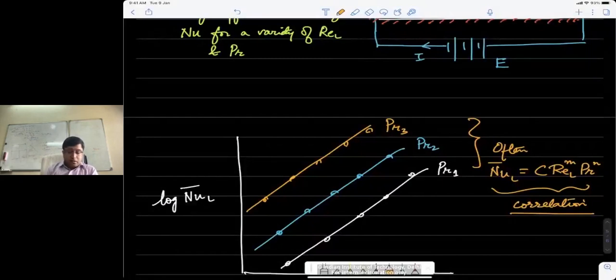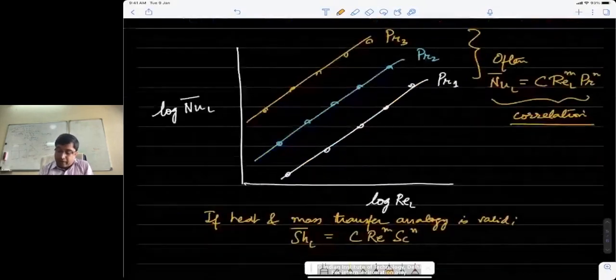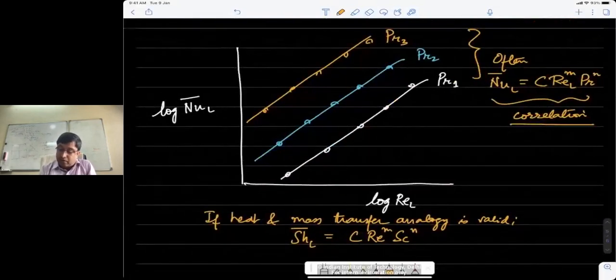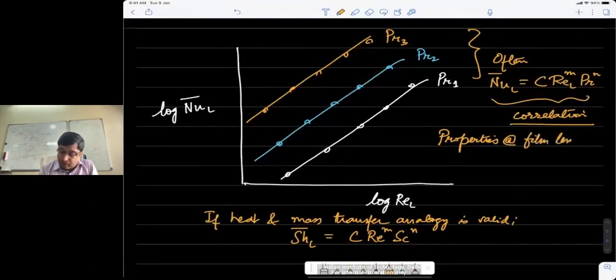Okay. The only catch here is that when you calculate these properties for the Reynolds number and Prandtl number, and even the Nusselt number, because the Nusselt number has the thermal conductivity of the fluid, the properties are calculated at what is called the film temperature. The film temperature T_F is the surface temperature plus the free stream temperature divided by 2, so the arithmetic mean temperature.